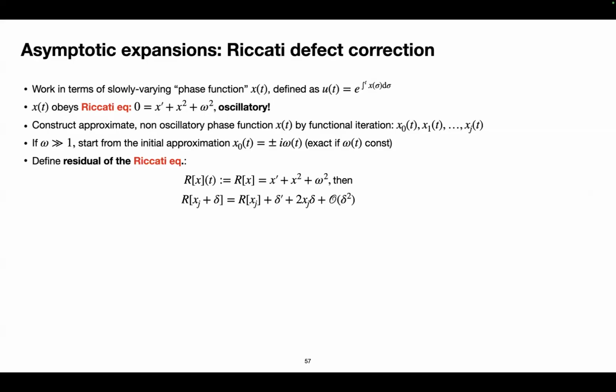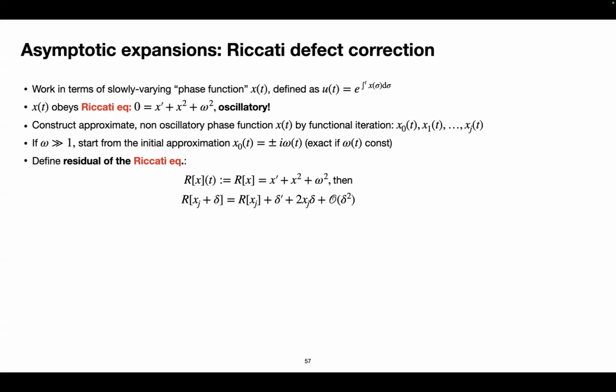So I'm going to take this initial estimate and I'm going to measure how well it satisfies the differential equation. I'm going to do that by defining the residual, which is what you would get on the left-hand side of this equation instead of 0 if I were to substitute in the solution. So I define this residual, and then I will add a small perturbation or a correction term to my estimate, xj. It's the jth estimate in this iteration.